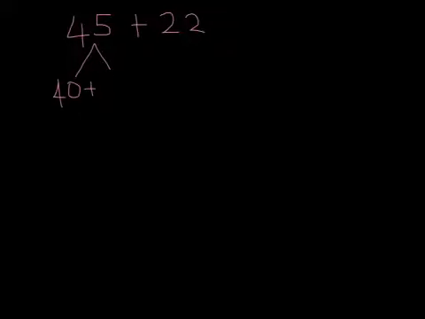If I have $45 and I get another $22, I can break this up into 40 and 5, my tens and my ones. Break this up into 20 and 2. There's my tens and ones.